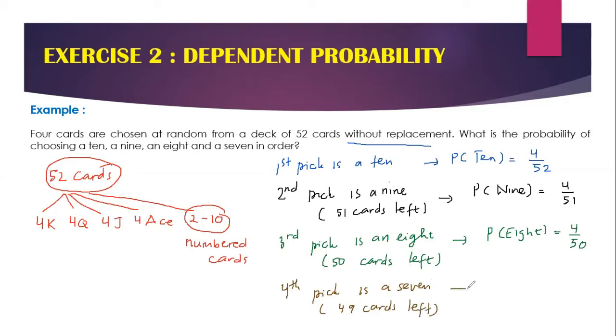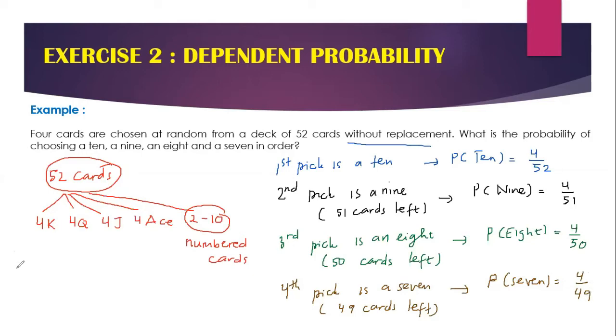So the probability of a 7 equals how many cards of number 7 in 52 cards? Yes, there are 4 cards for number 7. So 4 over 49, right?